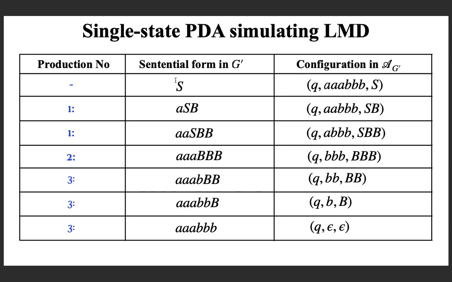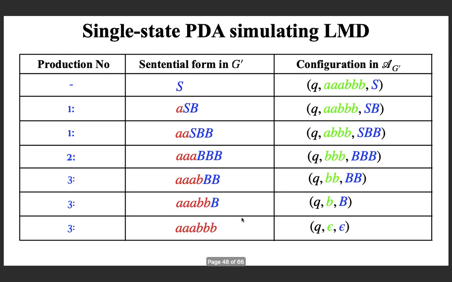This is the sequence of sentential forms that we derived, and this is the sequence of configurations of the pushdown automaton. Configuration means the current state, the remaining part of the input, and the content of the stack. To start with, the entire input is to be read. Q is the only state and only the start symbol is on the stack. Likewise, it progresses and you can verify offline.